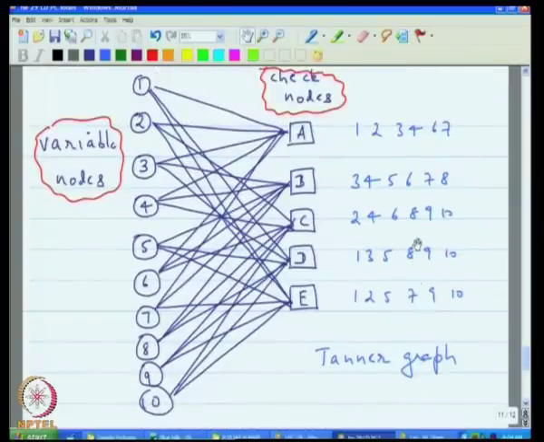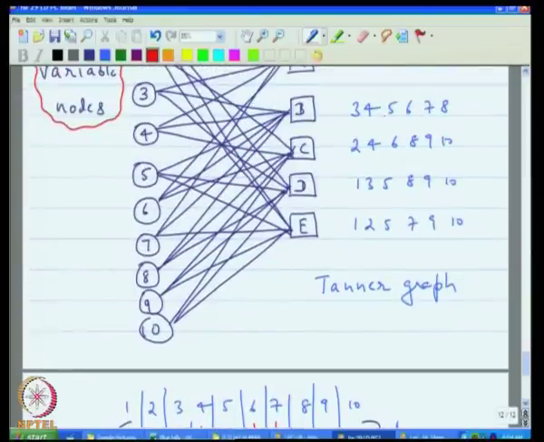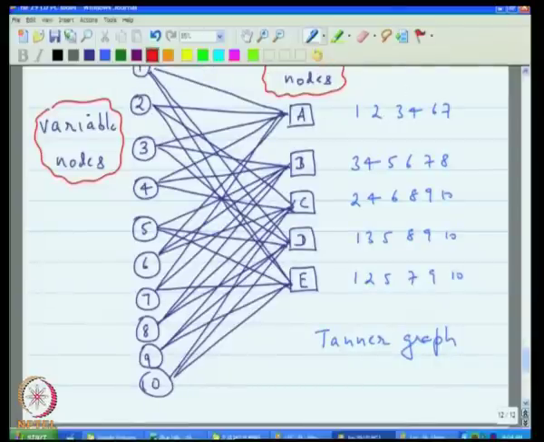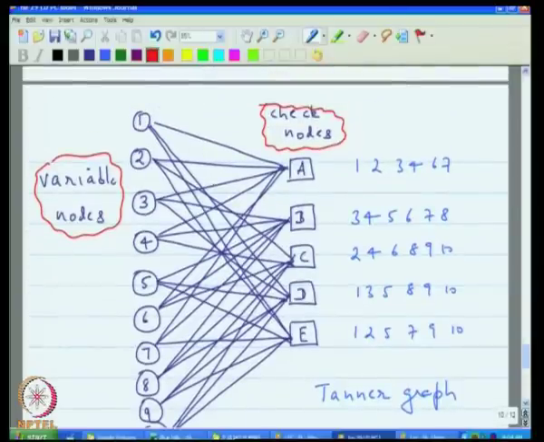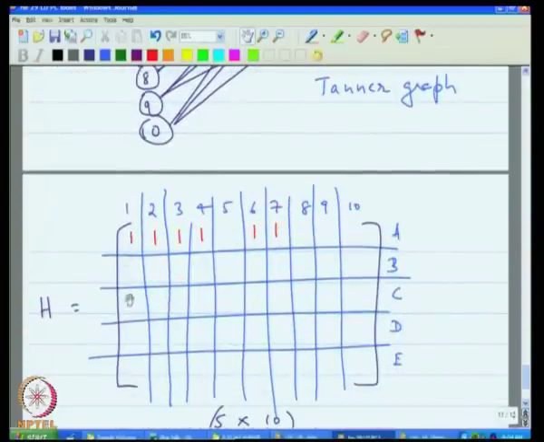So, let us try to fill in some entries of the parity check matrix. Row A has 1, 2, 3, 4, 6, 7, which means that we would have a 1 in columns 1, 2, 3, 4, 6, 7. And then if you look across rows, where is 1 connected to? 1 is connected to A. It is also connected to D and to E. So, in terms of columns, there is a 1 here, here.